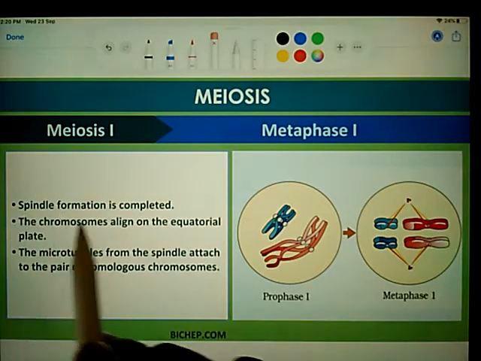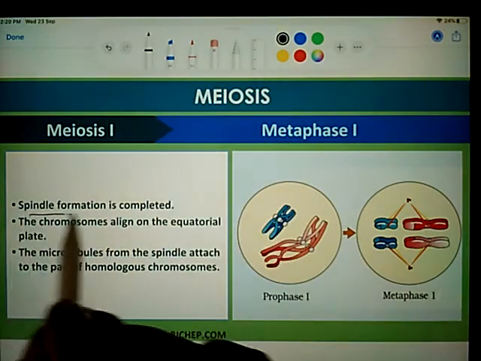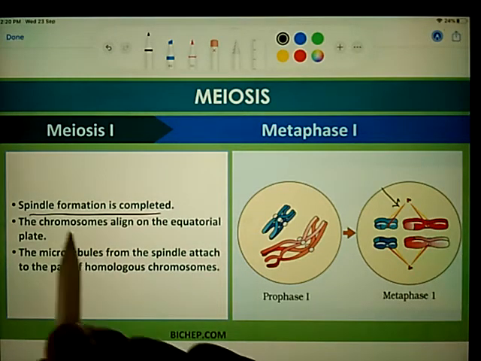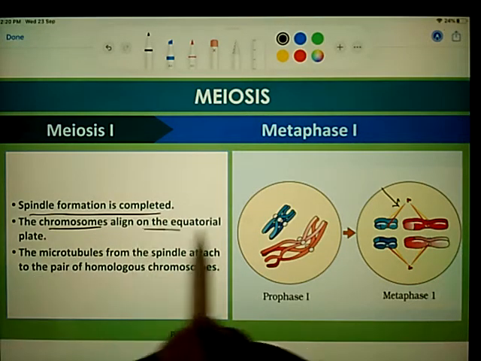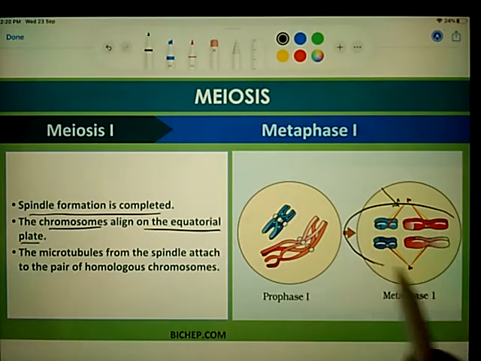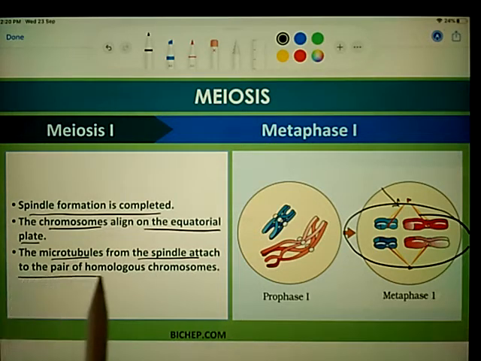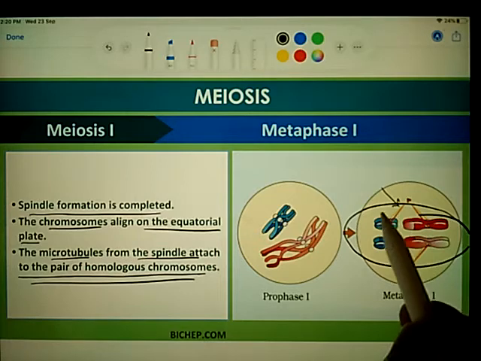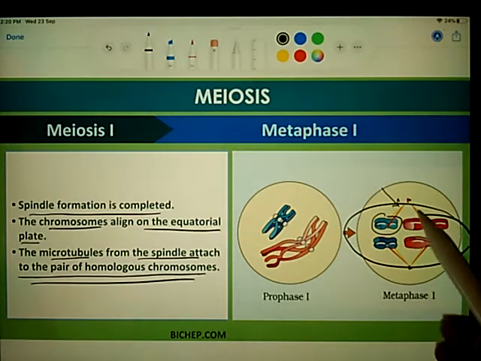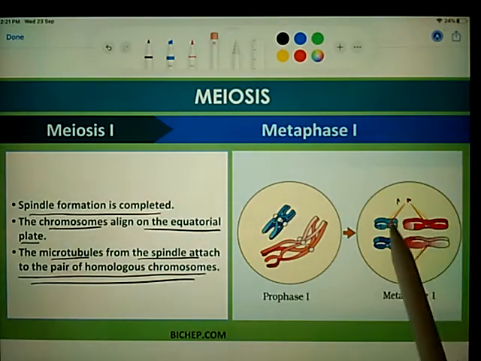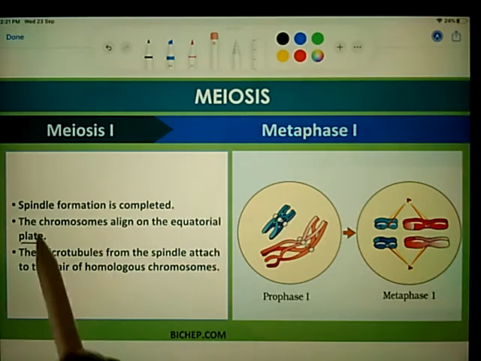Spindle fiber formation is completed in this phase. Now chromosomes align on the equatorial plate. Microtubules from the spindle attach to the pair of homologous chromosomes. The entire pair is connected with one side of a spindle fiber. So this is the speciality of metaphase 1.